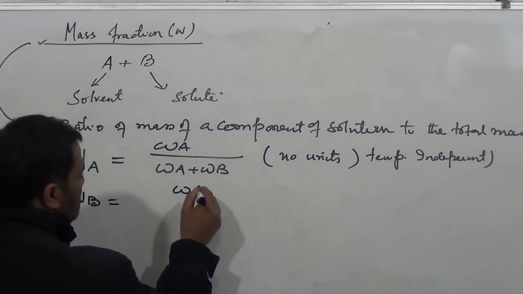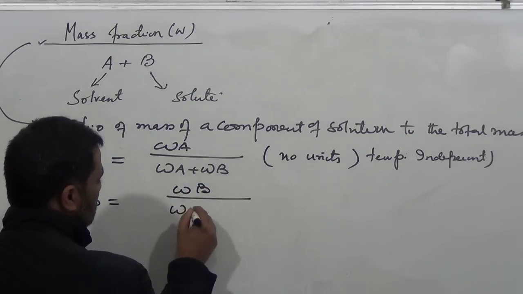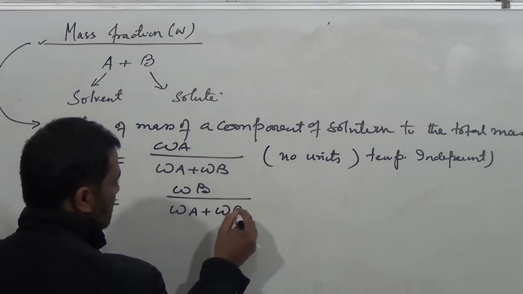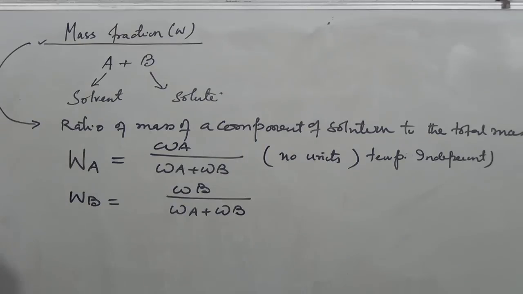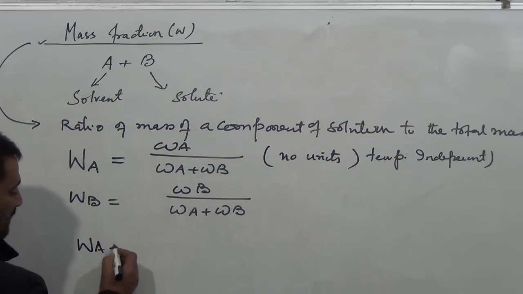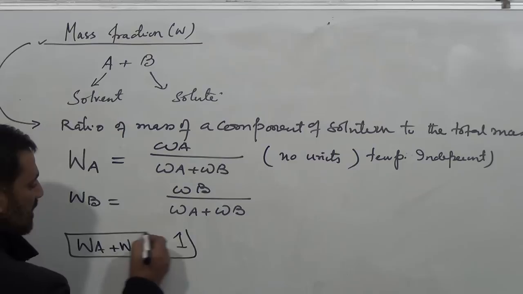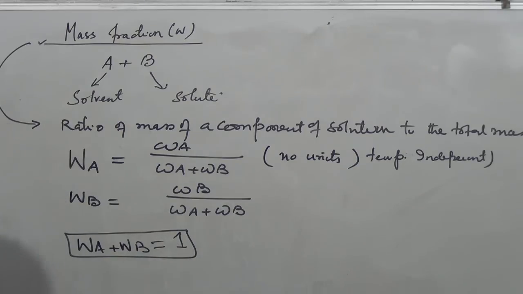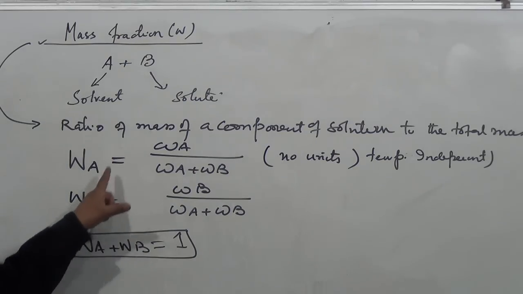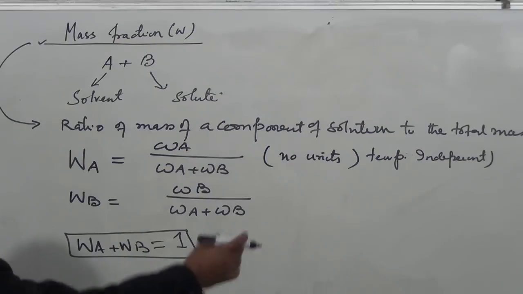It is mass of B divided by mass of A plus mass of B. The sum of the mass fractions of different components in the solution, that is WA plus WB, is always equal to 1. Sum of the different ratios is always equal to 1. So this is mass fraction of A and this is mass fraction of B.